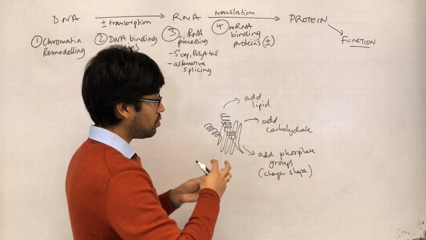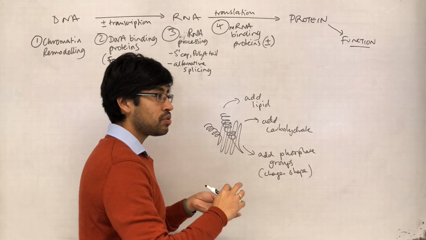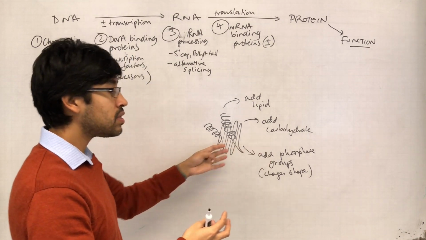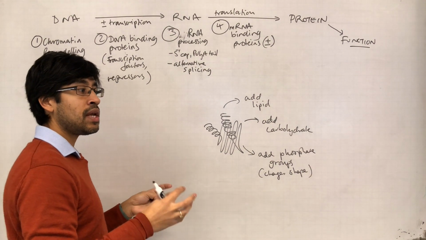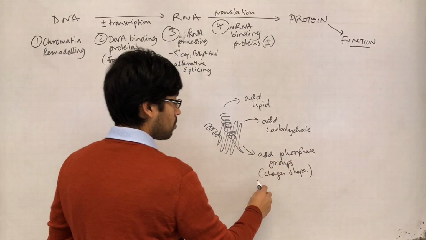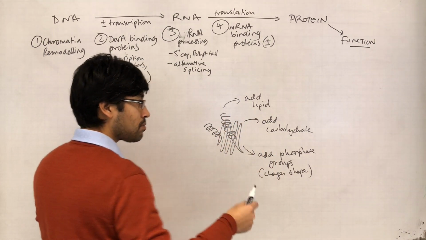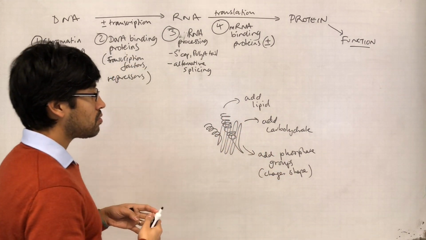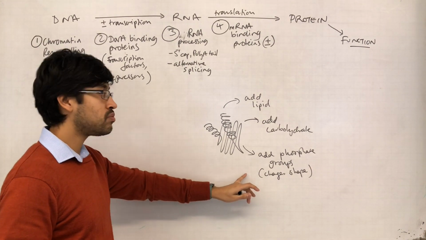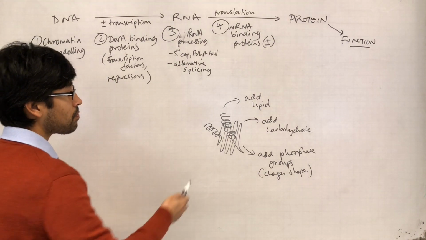Now if you do that to a protein, that change could activate the protein, or the addition of the phosphate group could induce a change that's going to make it less active. So adding phosphate groups, or phosphorylation, is one of the most common ways that protein function is regulated in cells.